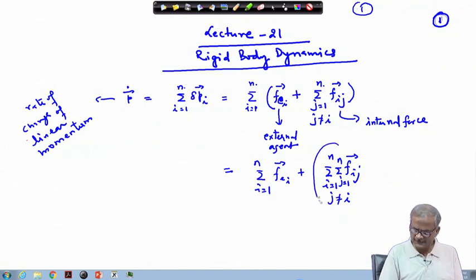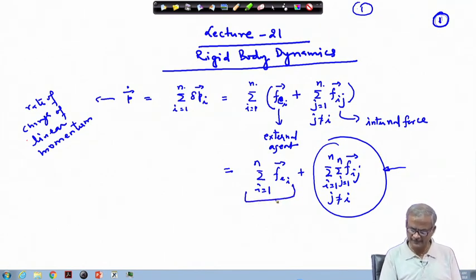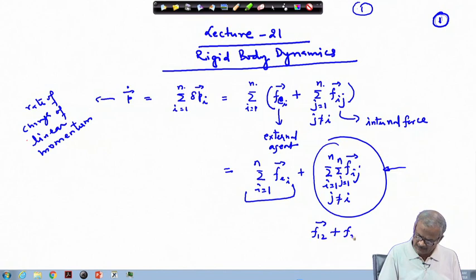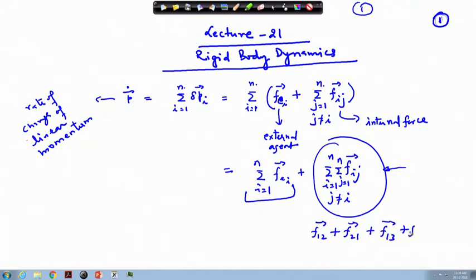Now, if you look into this term, we have not written this particular term while deriving Euler's equation. We have used only this term for deriving the Euler equation, because this term vanishes. As you can see from this place, if we expand it, you will get terms like F_12, F_21, F_13, F_31, and from Newton's law you can check that these terms are equal and opposite to each other.